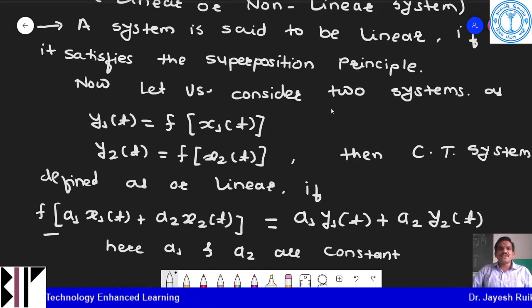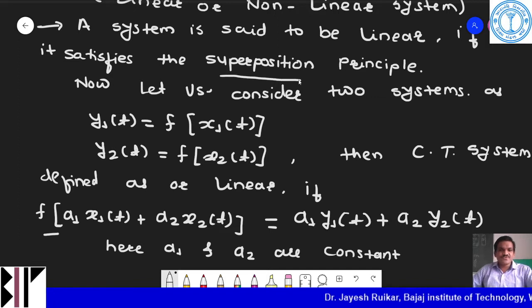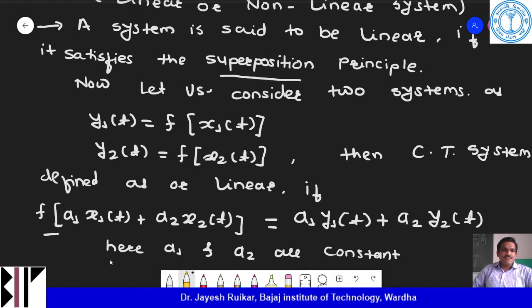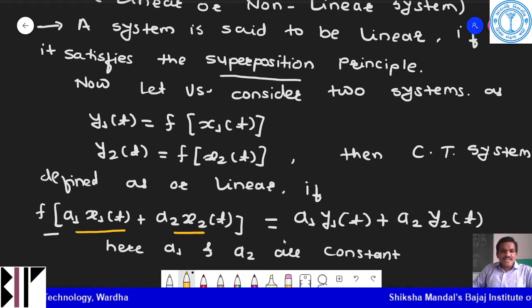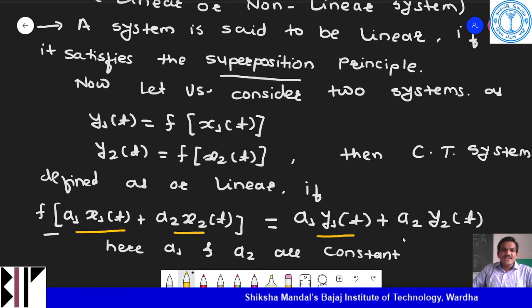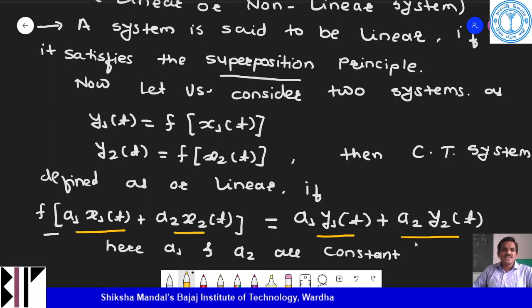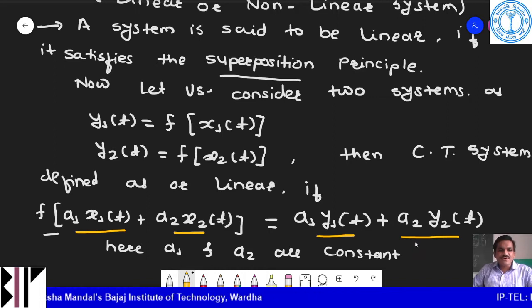This is nothing but your superposition theorem, which tells us that the response due to x1 of t and x2 of t together is the same as the sum of the individual responses for a linear system.